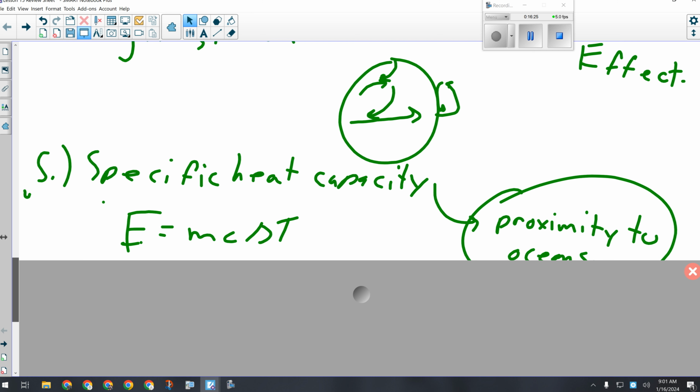Okay? The ocean's not going to change temperature very much because it has a very high heat capacity. It can lose a lot of heat and its temperature won't change. The air, by comparison, has a much lower heat capacity. Heats up quickly. All right? So that's why being near the ocean can be a factor affecting climate. Obviously, it can also provide moisture, okay? But in terms of specific heat capacity, that is why.